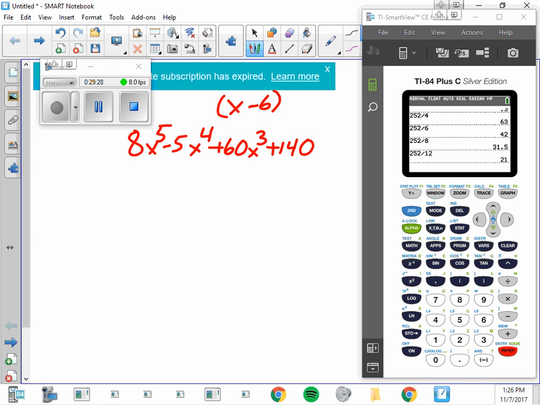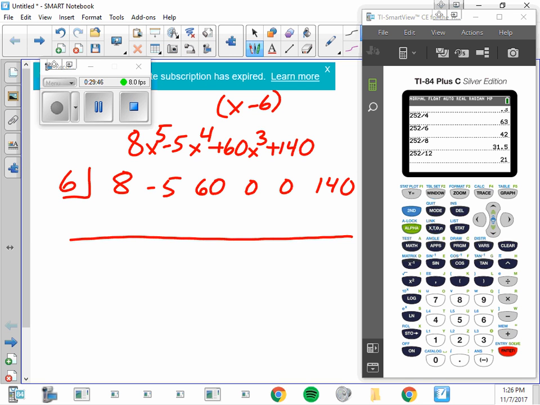There's no x squared term and there's no x term. So what number do I put in the corner? Positive 6. And my coefficients will be 8, -5, 60, 0, 0, and 140. Everybody understand why I have those zeros?